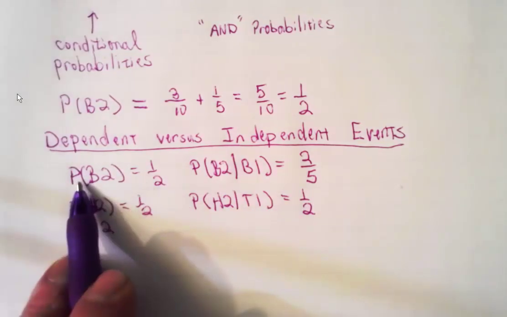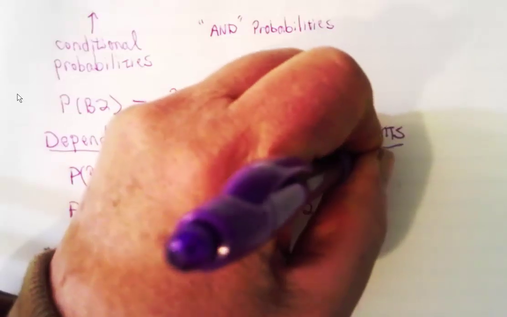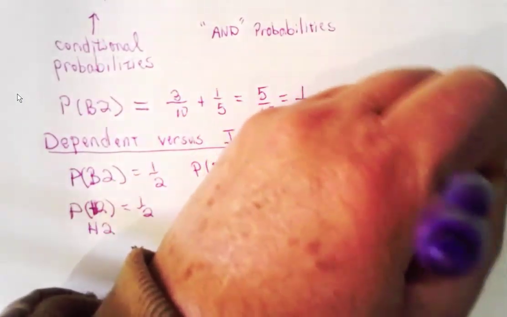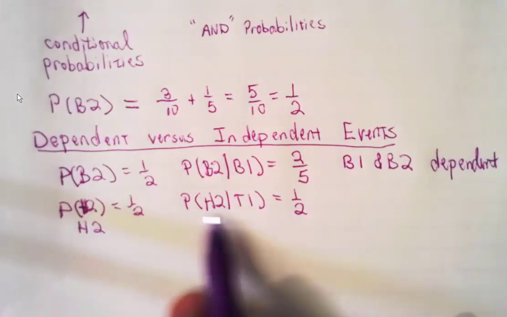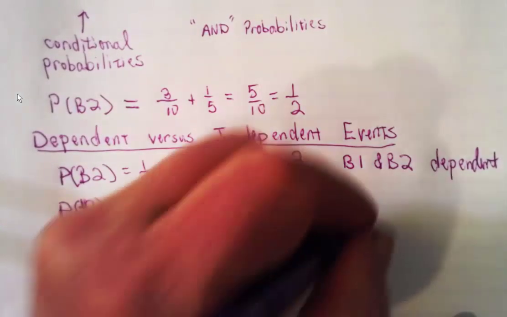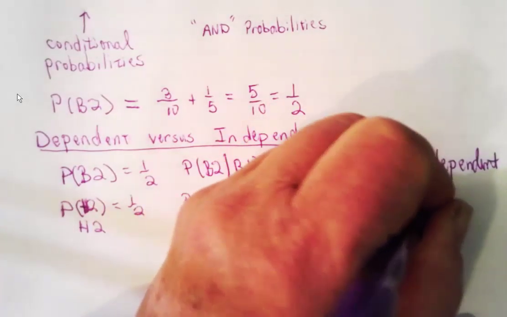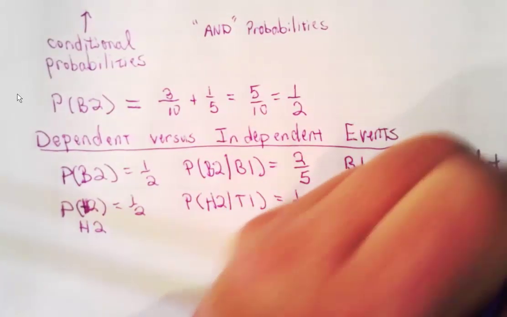In this case here, we say that B1 and B2 are dependent. And in this case here, we say that T1 and H2 are independent.